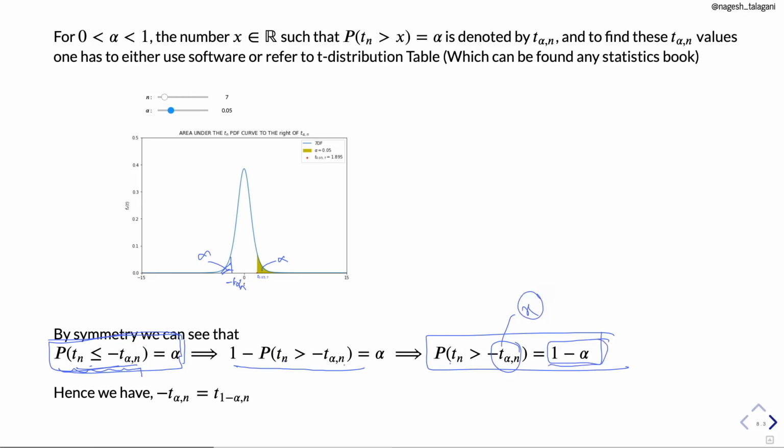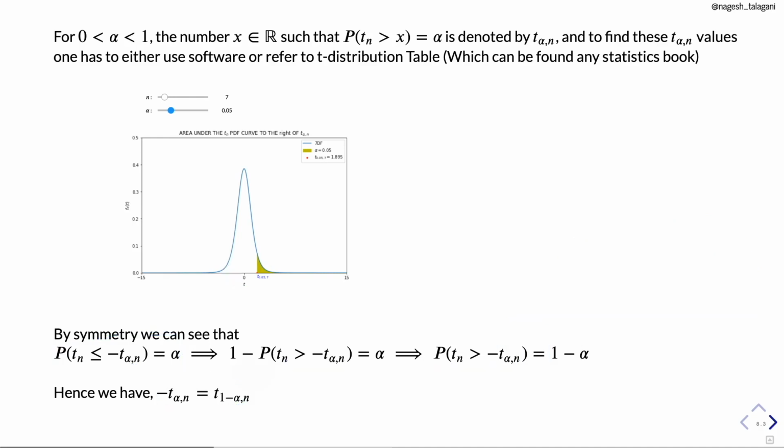This x is denoted by t of 1 minus alpha comma n. So what is this t of 1 minus alpha comma n? Actually it is minus t alpha n. That's why we have minus t alpha n equal to t of 1 minus alpha comma n. Okay, fine.